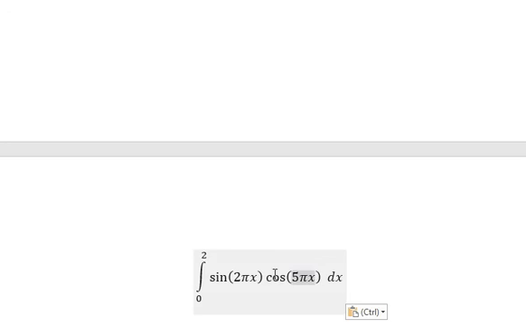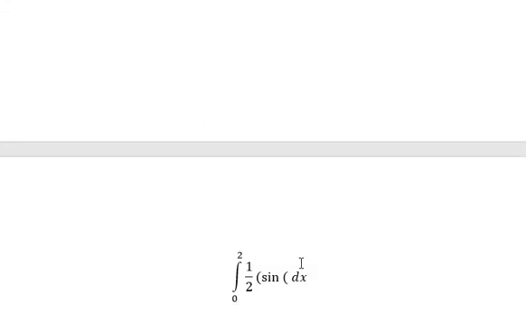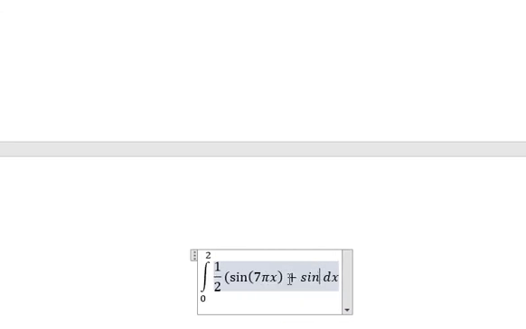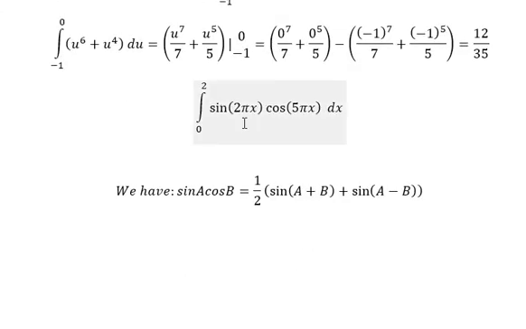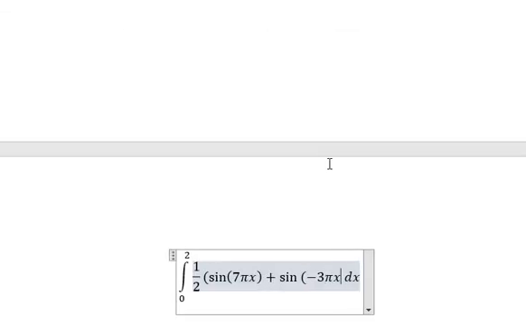So we will have 1 over 2 sine of A plus B, so we have 2πs plus 5πs, so you got 7πs, plus sine of 2πs minus 5πs, you got negative 3πs.